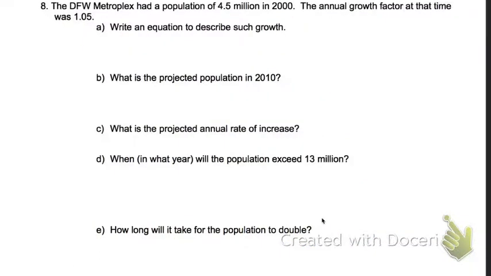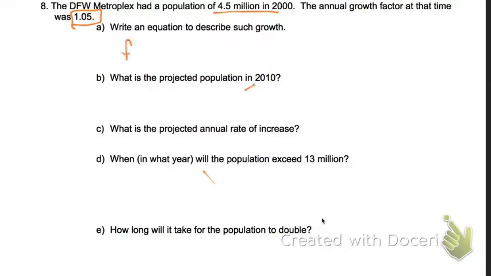Okay, last example, it says the Metroplex has a population of 4.5 million in 2000. The annual growth factor was 1.05. Anytime it says growth factor, that just means that it's increasing by, and then the 0.05 means 5%. So every year it's increasing by 5%. So when I create my equation, if it gives you the growth factor, then you don't have to do the 1 plus.